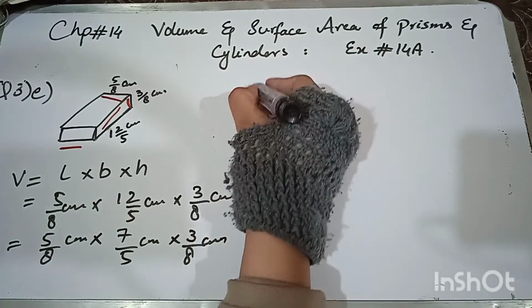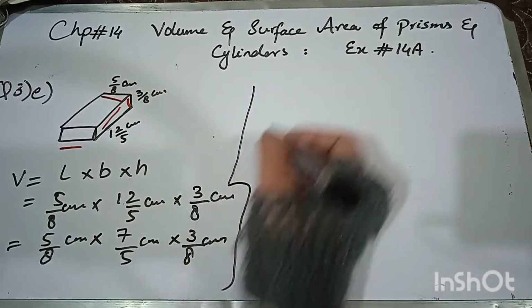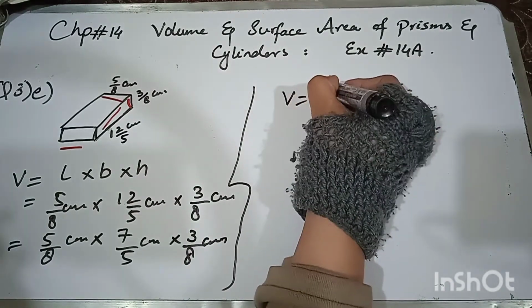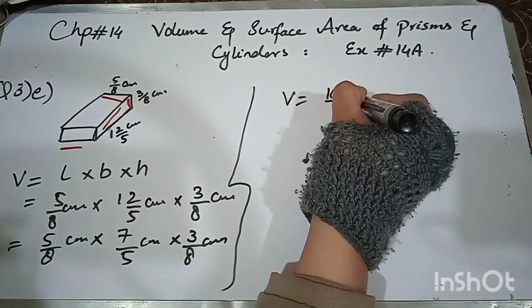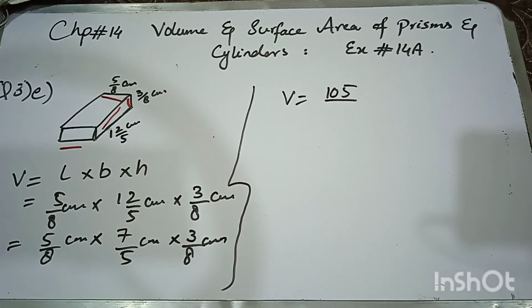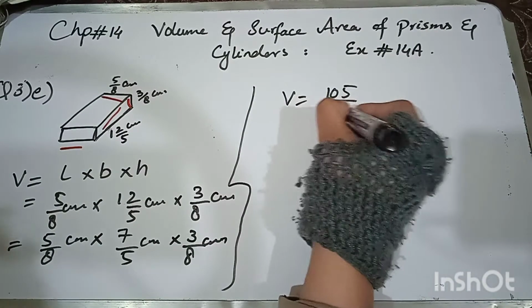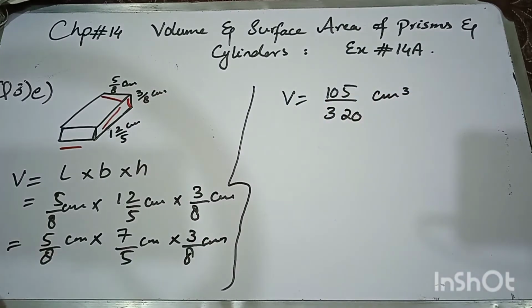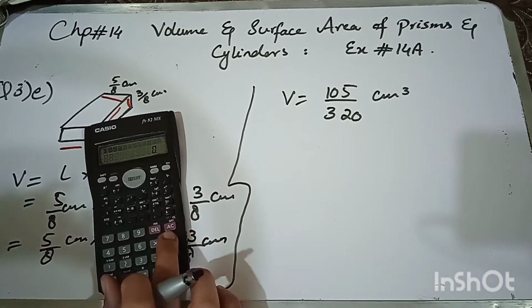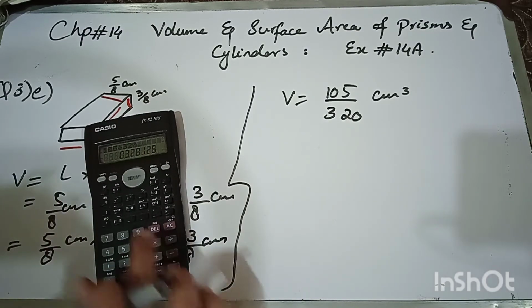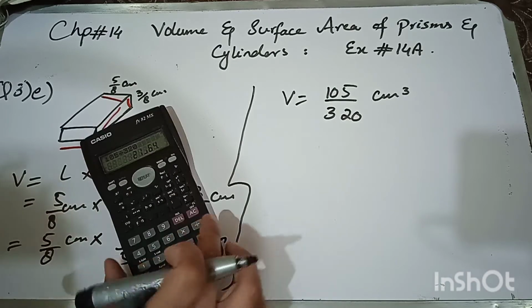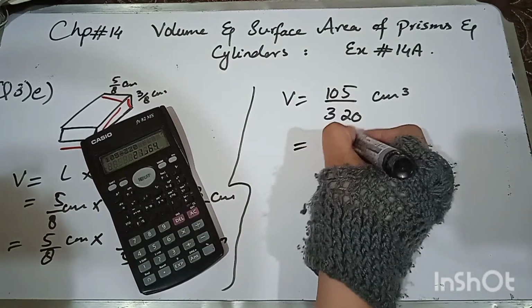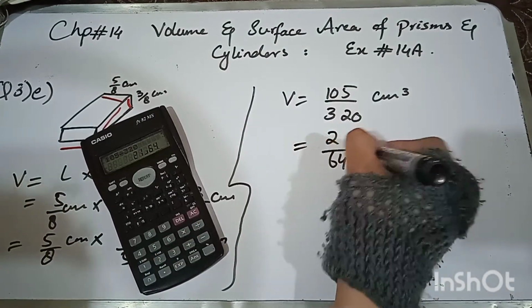So we have to write down here volume is equal to 105 divided by 8 multiplied by 8 multiplied by 5. So this is equal to 320 centimeter cube. Now 105 divided by 320. So the simplified form is 21 divided by 64 centimeter cube.